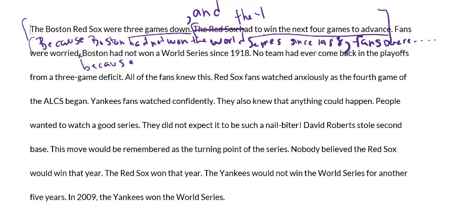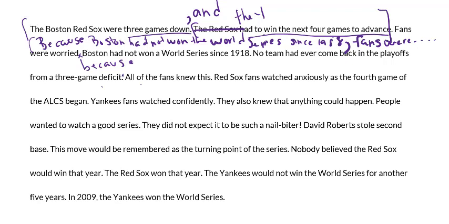Okay, next sentence. We have no team had ever come back in the playoffs from a 3-game deficit. Okay, all of the fans knew this. So there is a relationship between these 2, and since we already used the comma and up here and the word because, and we want some variety, right? I actually would probably do the semicolon.